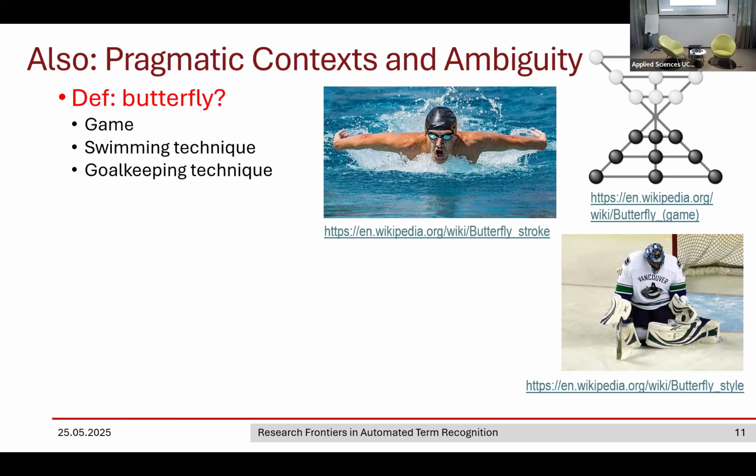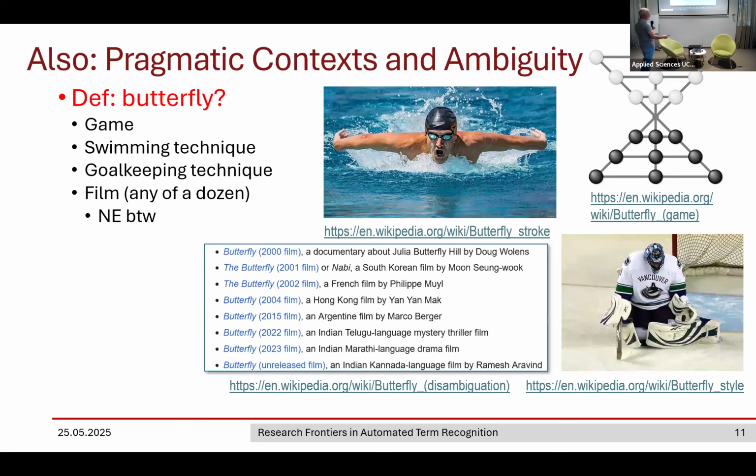And if the text says butterfly and speaks about a swimming technique, butterfly means that it's a swimming technique. Or goalkeeping technique, or a film, by the way. Please pick any of a dozen, even more than a dozen. Which are named entities, by the way.